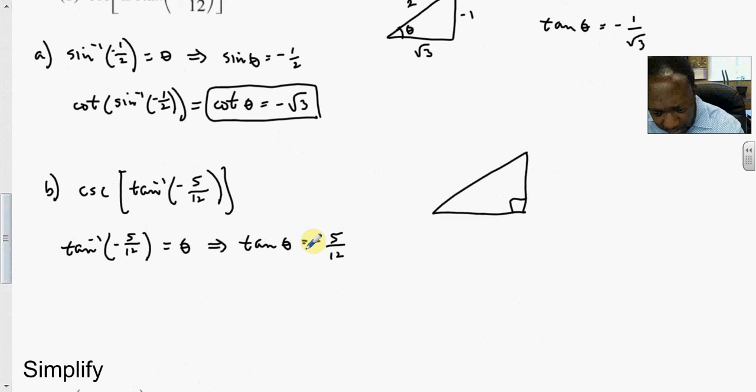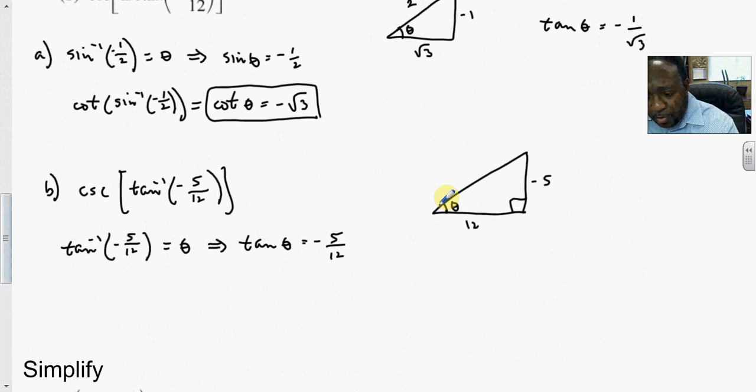Here, the tangent theta is the opposite over the adjacent, and both of them can't be negative, because if both were negative, then the tangent would be positive. Typically, the tangent being negative would simply mean that you're falling below the x-axis, and if that be the case, then the y-coordinate is negative. So here, this is negative 5 over 12. This is the angle.